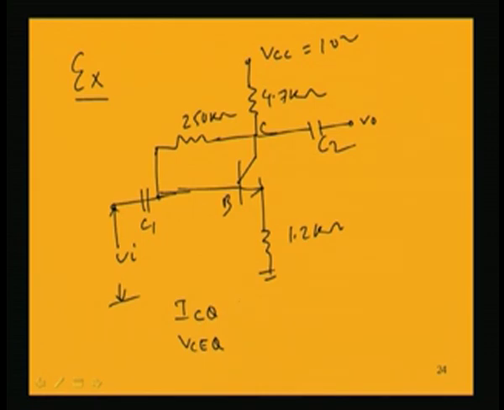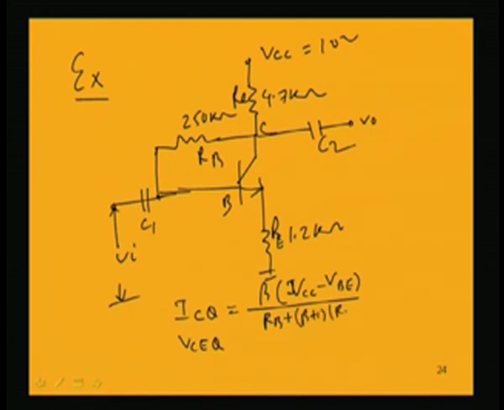For this particular case we use the expression ICQ equals beta into (VCC minus VBE) divided by RB plus (beta plus 1) into (RC plus RE), where RB, RC and RE are these resistors. Putting in these values, we get ICQ.